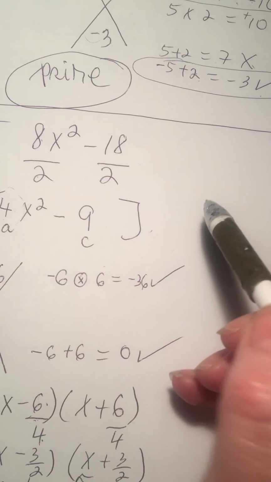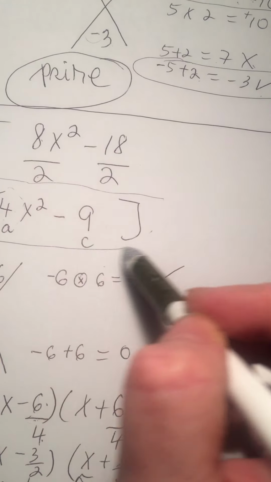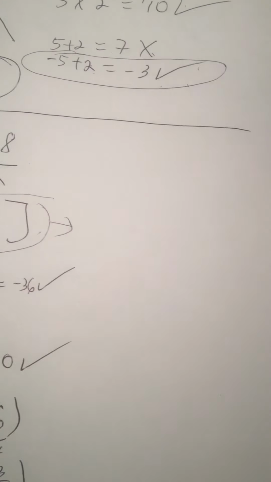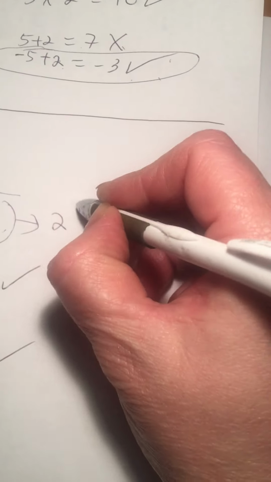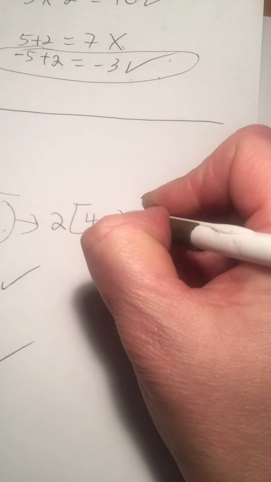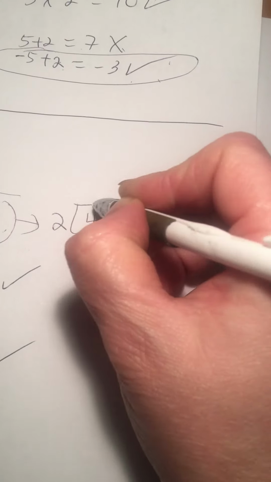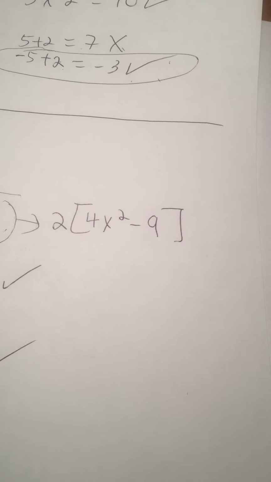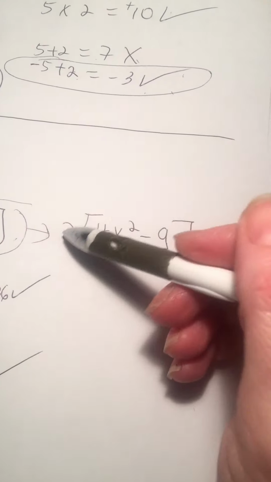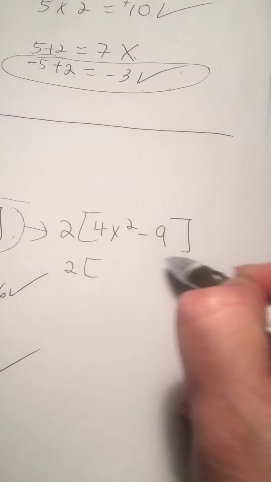Where it's going to be different is from this step. Let me rewrite it here. So this is the second method. This method has to do with perfect squares. So we don't have to do all that what we just did. So we look at this. We don't do anything with that 2, so we could rewrite it.